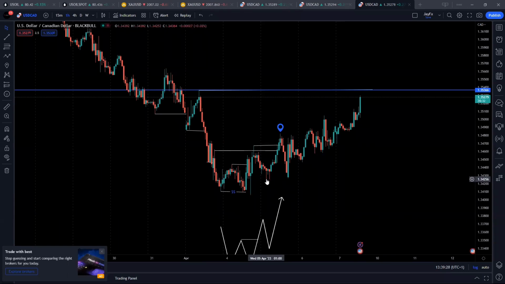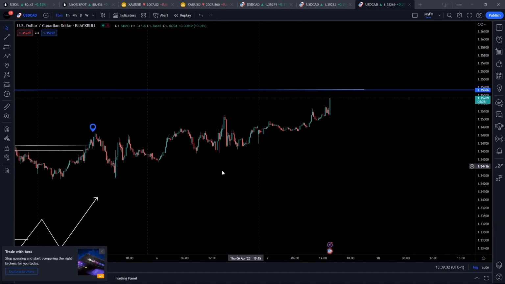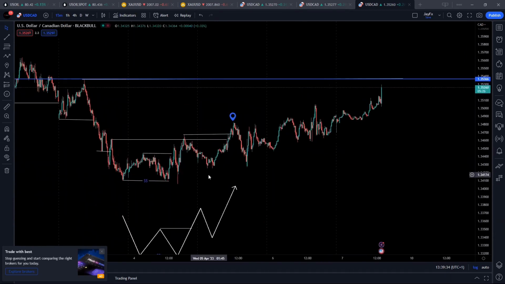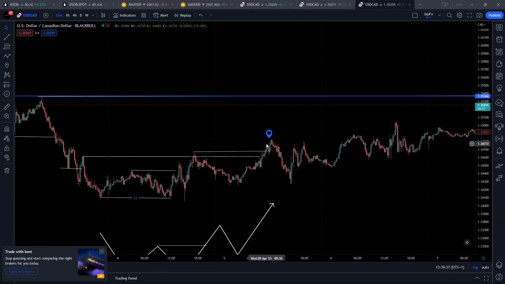We don't want price to break this level, but let me quickly get to the 15 minutes so that we can see further what I'm talking about. So now on the 15 minutes, remember I said that this level had not formed. We were here when we saw an entry around here. Price is making lower lows and lower highs, lower lows and lower highs.